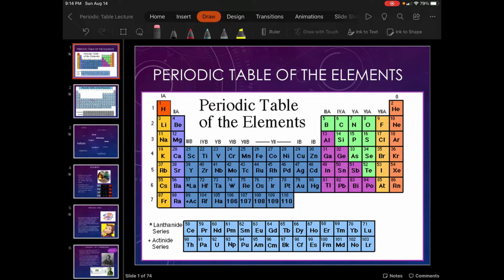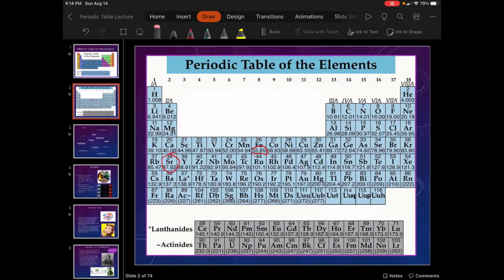So, first question, what is missing from this picture? What is missing from this picture, specifically the elemental blocks? Notice what's missing. Take your time. And I'm sure you picked it up already.